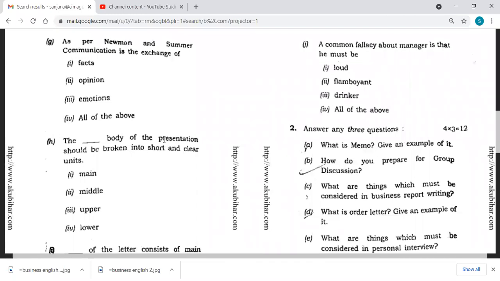The main body of the presentation, whatever you're presenting, whatever the topic of the presentation is, that topic should be broken into short and clear units so that understanding is clear. Whatever you're speaking, people are understanding. So it should always be broken into short and clear units, the main body of the presentation.